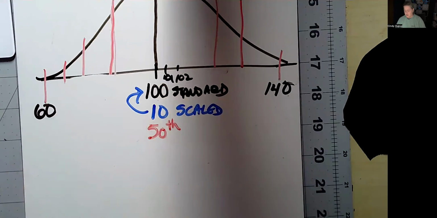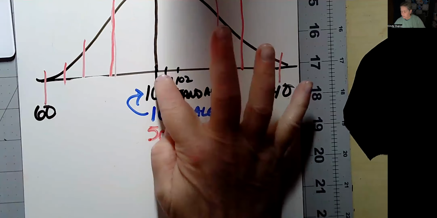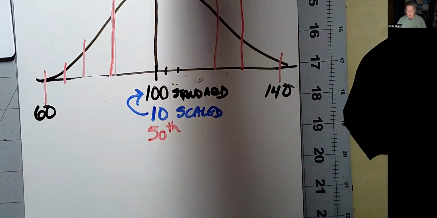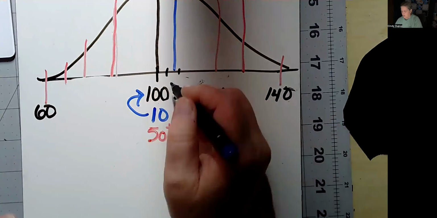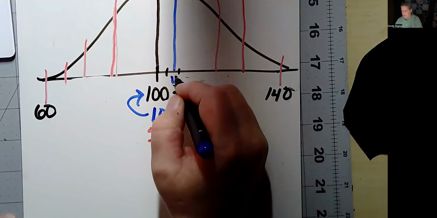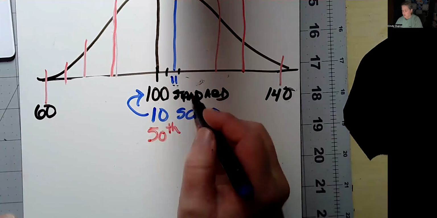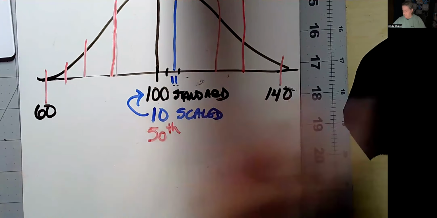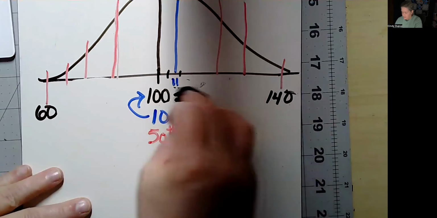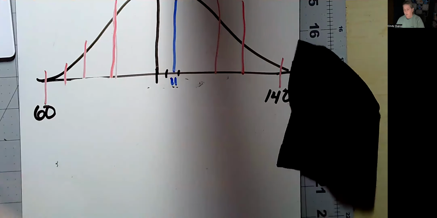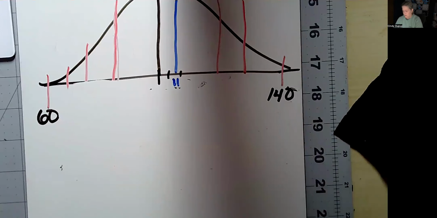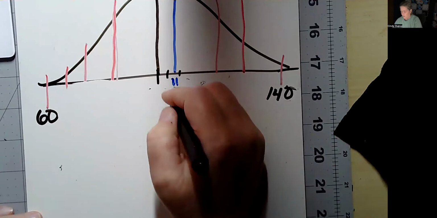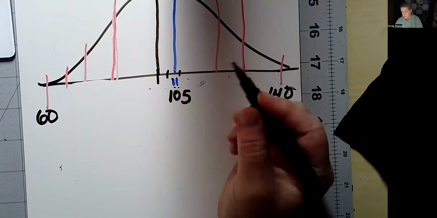With the scaled score, you're going to take a much bigger jump. So you will get a scaled score, let's call it an 11, which would convert to a standard score of 105.